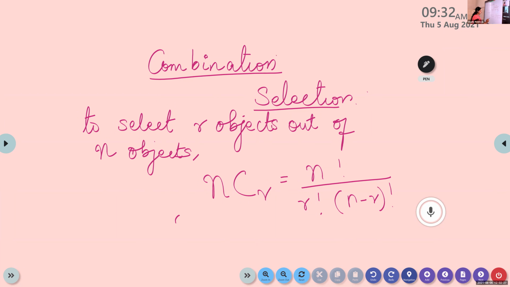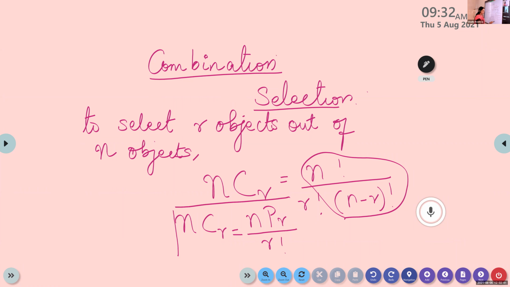Okay, so in general, listen children, what is N factorial by N minus R factorial? It is NPR. So NCR is defined as NPR by R factorial.